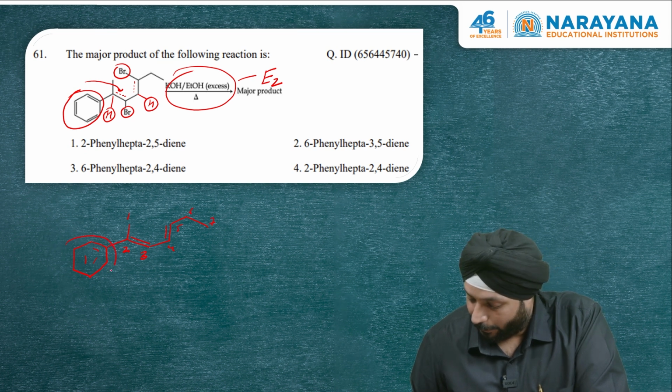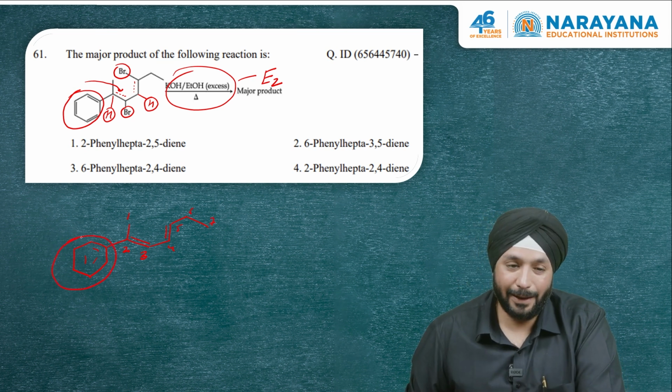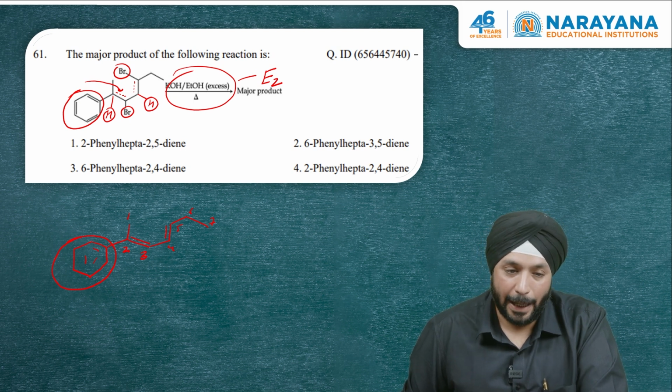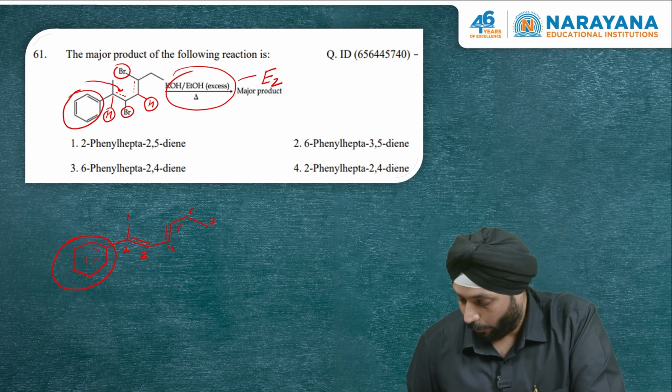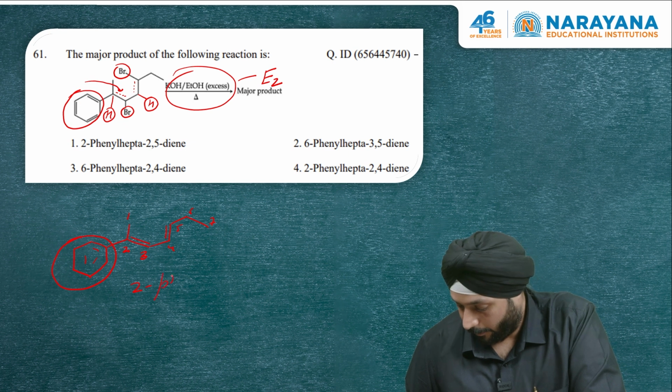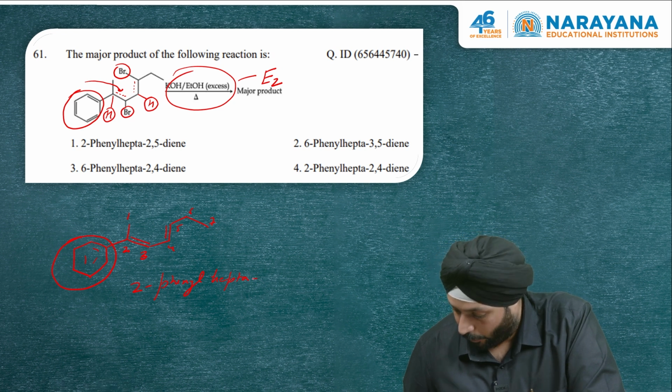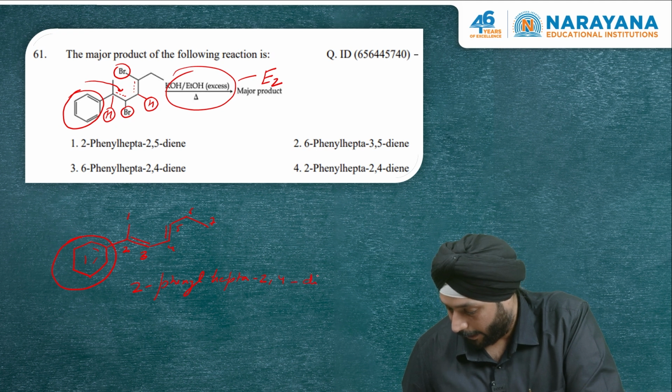So at the second position you have a phenyl group, and the word root is hept. So the answer should be 2-phenylhepta-2,4-diene.